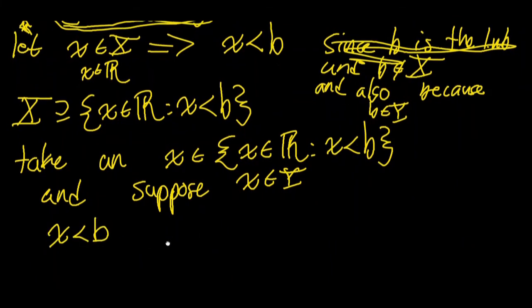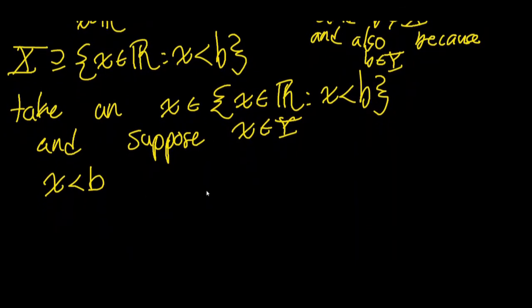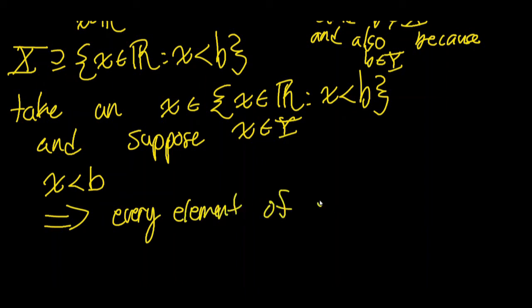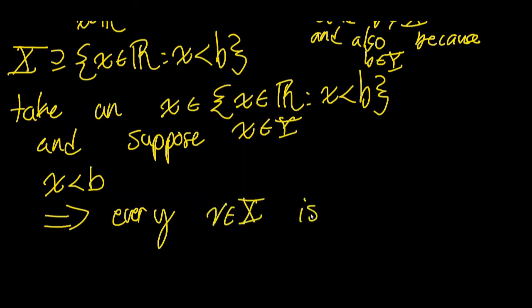And if we were to suppose that x is in Y, this implies that every element of X, so I'm going to say every v in X, has the following property.